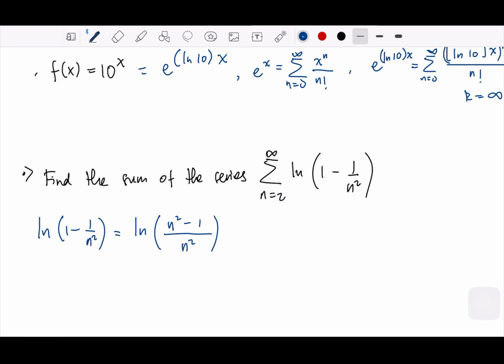Okay. And the idea behind the ln is the ln will have some property that can separate these fractions, become the subtractions, right? And I think from there you know how the idea it will become the telescoping. So from here we can rewrite further that the n squared minus 1 becomes n plus 1 and n minus 1.